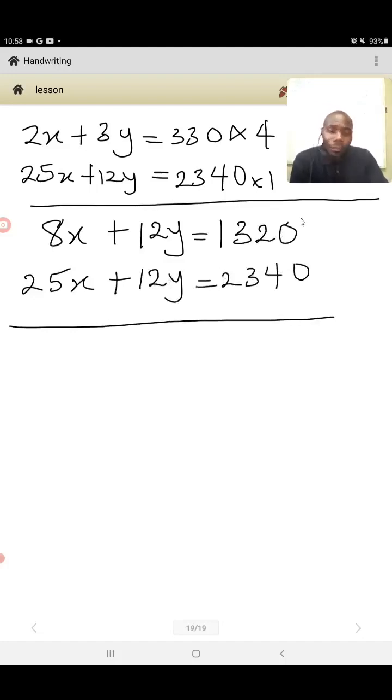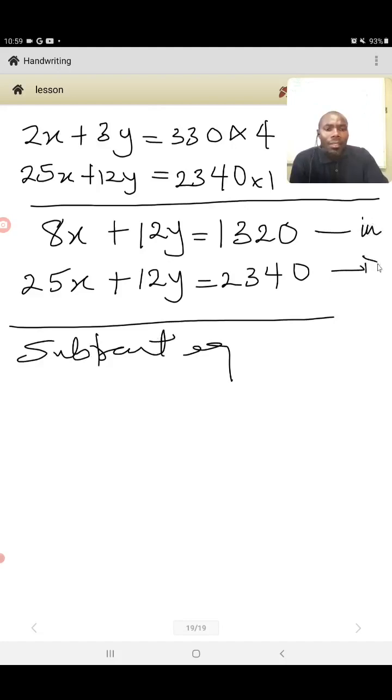So now what you are to do is subtract. Let's say this one is equation 3, this is equation 4. Subtract equation 4 from equation 3.